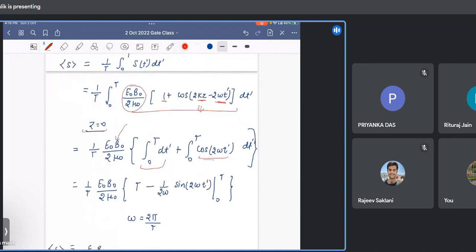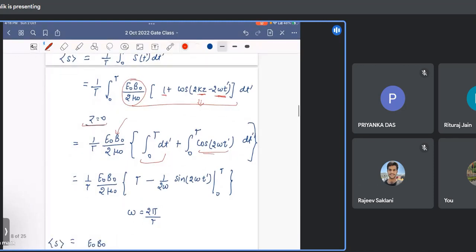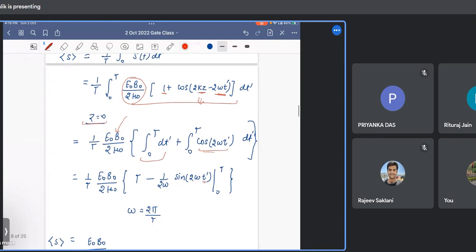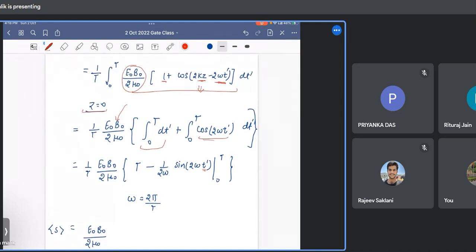When we integrate it, it becomes minus sine 2 omega t, and then we put capital T in place of t dash. So we are left with 2 omega capital T, and omega is 2 pi by T. Unless we have been told that we have to change our omega, we are not going to change it.